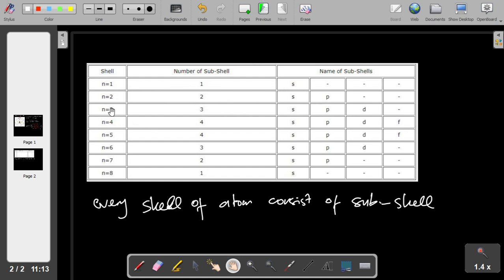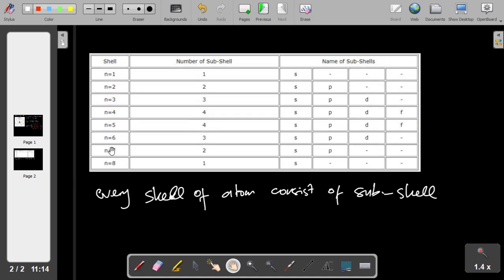Shell number 3 has 3 subshells: s, p, and d. Shell number 4 has 4 subshells: s, p, d, and f. Shell number 5 is the same as the fourth: s, p, d, f. Shell number 6 has only 3, s, p, d. Number 7 has only 2, and the last, number 8, only has one subshell, which is s.